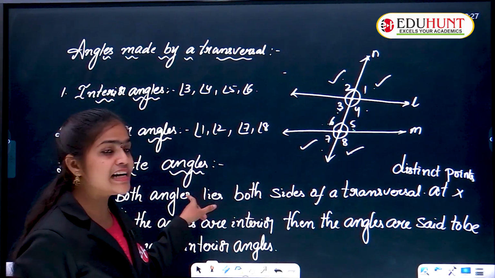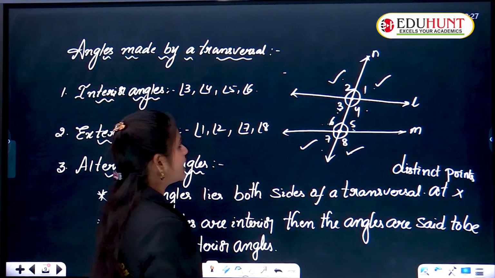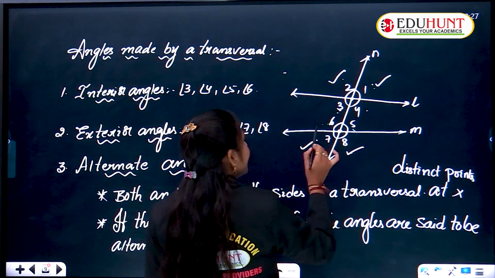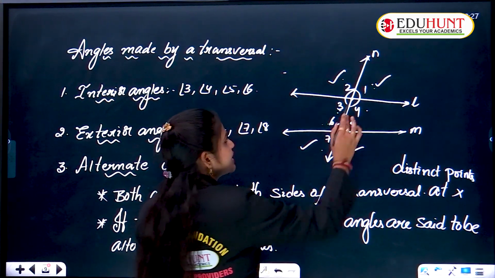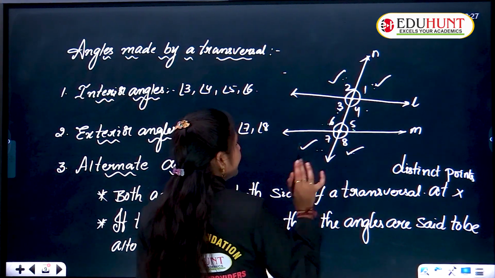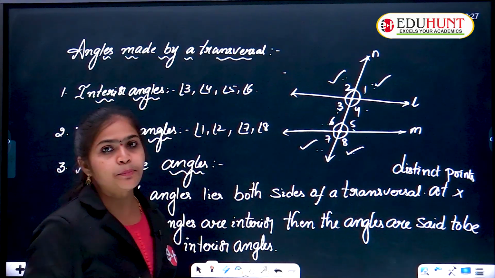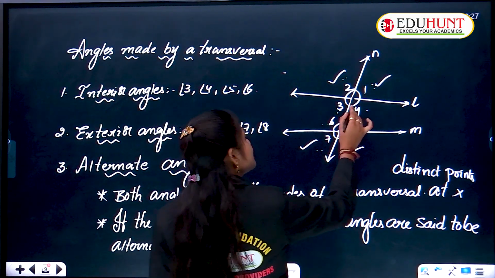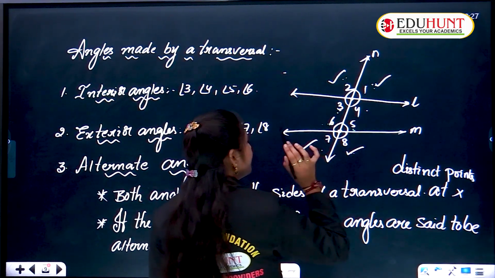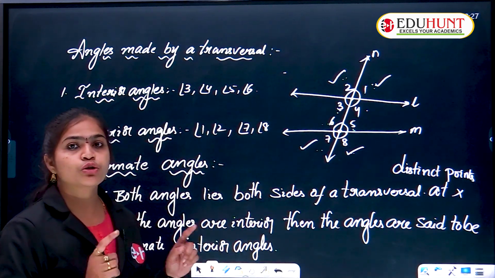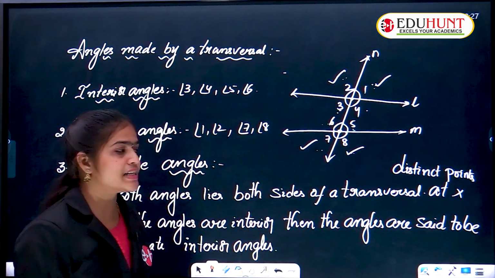Now as per the definition of alternate angles, those two angles lie exterior. Exterior means 1, 2, 7, 8, and formed at two distinct points, which means one angle is formed at one point, and another angle should be formed at another point, and those two angles lie on both sides of the transversal.